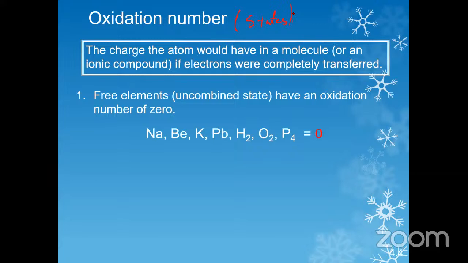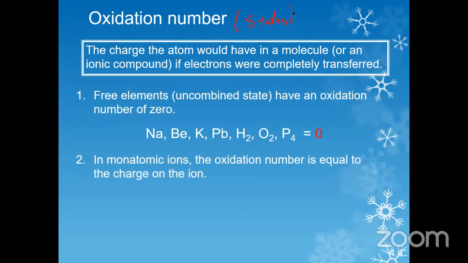Even if you have more than one atom in a molecule, the oxidation number of that atom is 0 if it's connected to another identical atom. So in the case of hydrogen, oxygen, and phosphorus, even though they're polyatomic, the oxidation number is still 0.